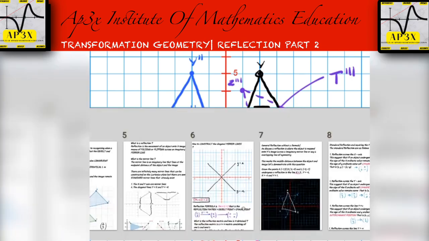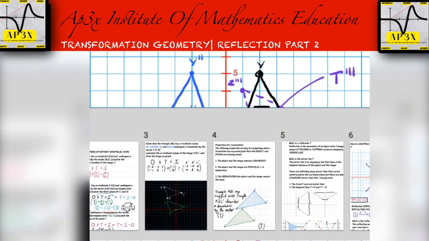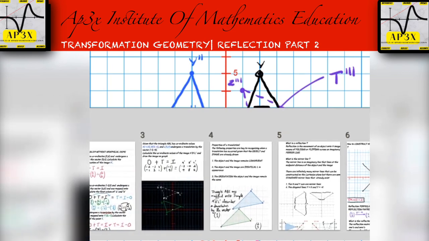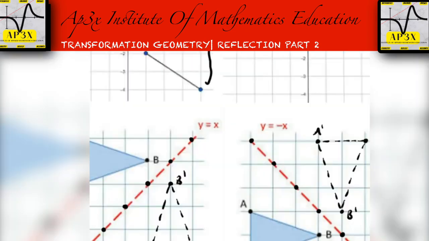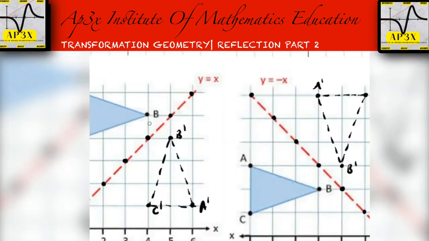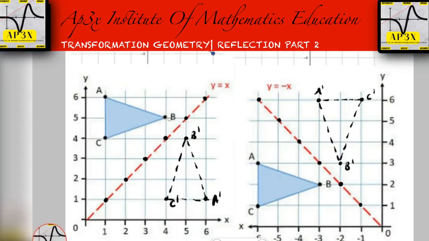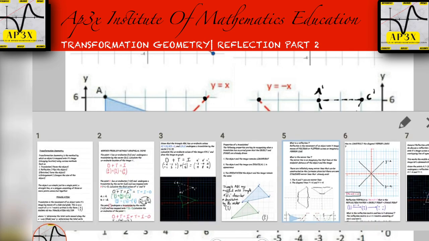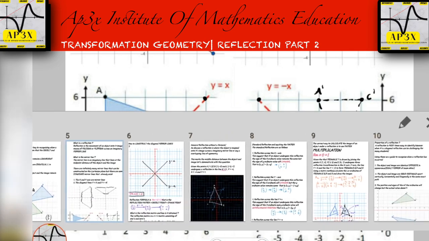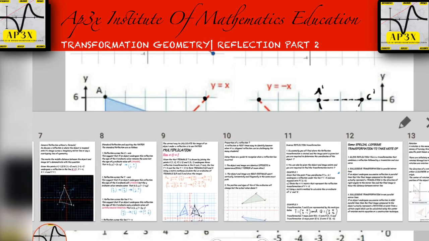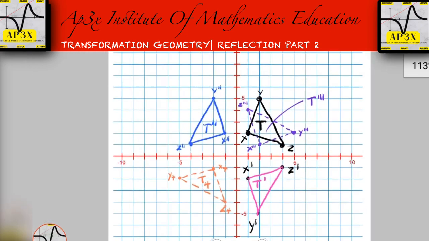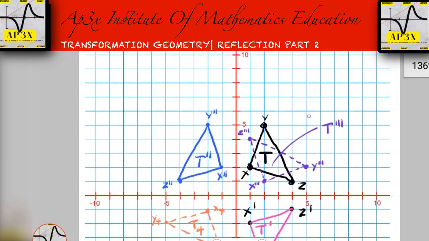If you had watched the previous tutorial in the introduction of reflection, you would have seen where I was able to count diagonal units across the line. But in this example we weren't able to see the line, so we weren't able to use that technique. We literally had to know what the coordinate values are and the changes.